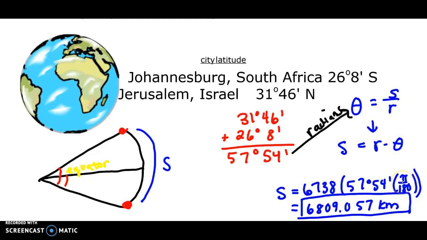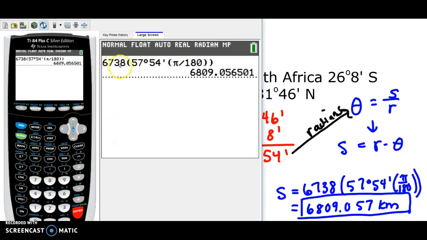We spent some time working on that before. So then I also had to multiply it by the radius. The radius would be this in the directions, right? And I solved. I got 6,809.057 kilometers. And if you're curious how I put that into my calculator, here's my work right here. I just plugged it in as is, all in one step, really.